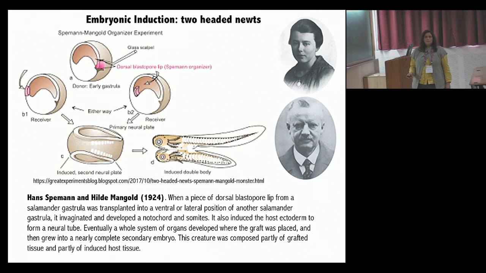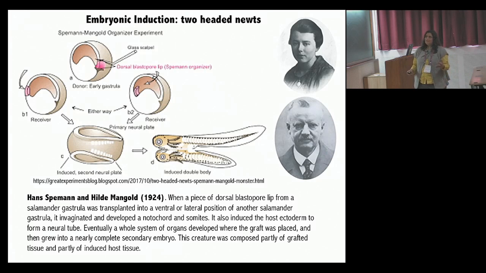two-headed newts. This suggested that there was something about this pink region that was transplanted that had the intrinsic capability to give rise to some kinds of structures by itself, but also the capability of changing the properties of the host cells around it, and thus having a huge influence on the tissue near which it was placed.